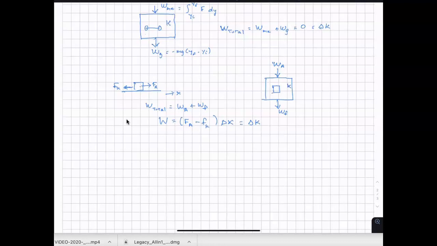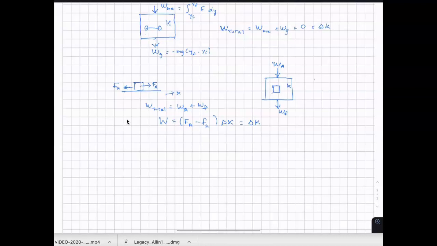An alternative way to do this kind of problem is to assume that the sliding surfaces are part of the system, so that the work done by the friction is internal to the system, and as a result increases the thermal energy of the system.